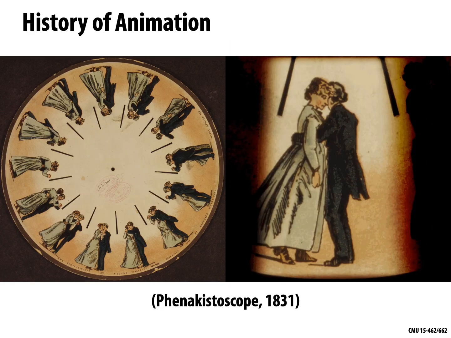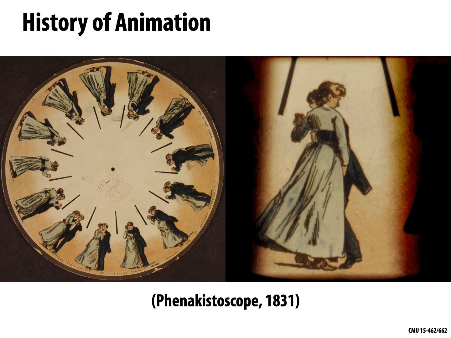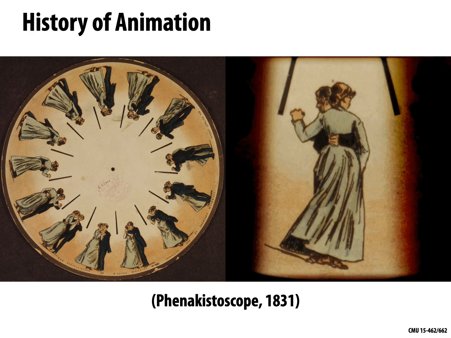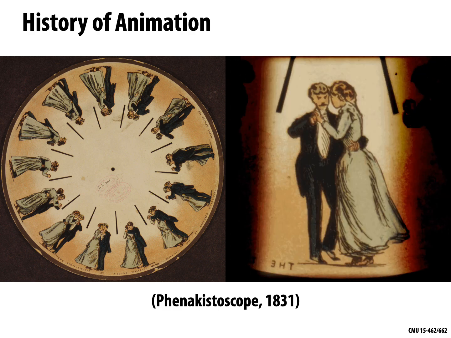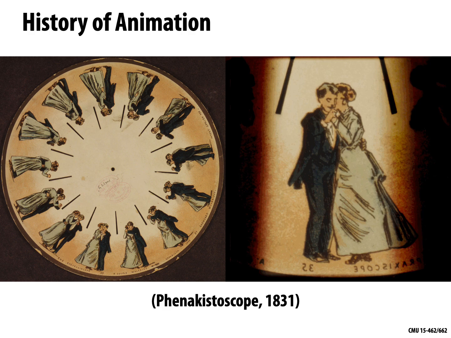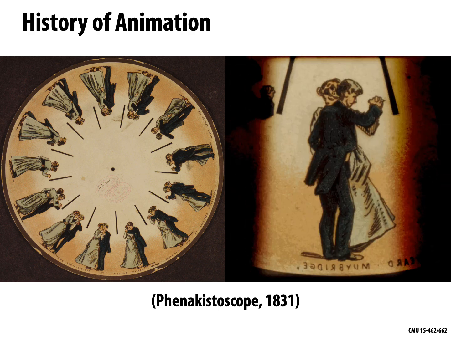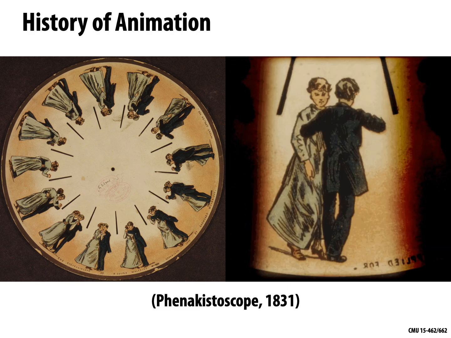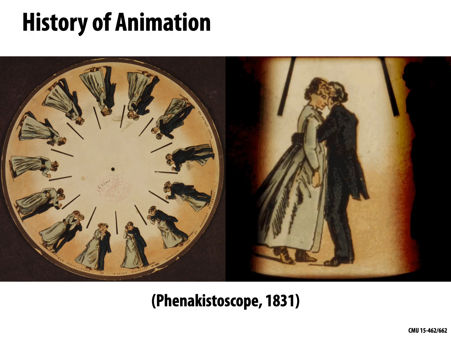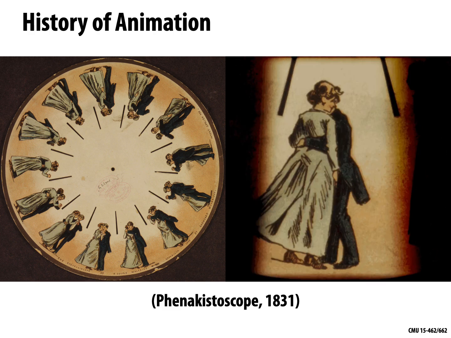So one of the first technological developments that pushed us toward animation were devices like this one, the phenakistoscope. The idea here is, again, you have a sequence of images that describes the motion, but this is played back by spinning this disc and watching it through a small slit.